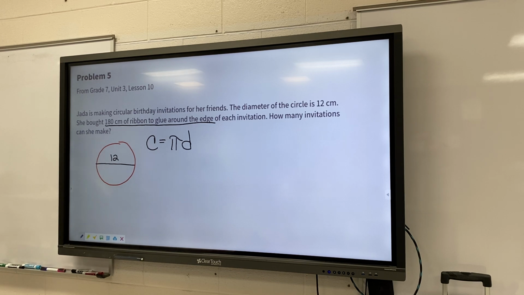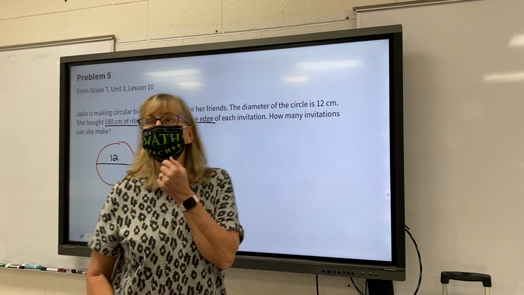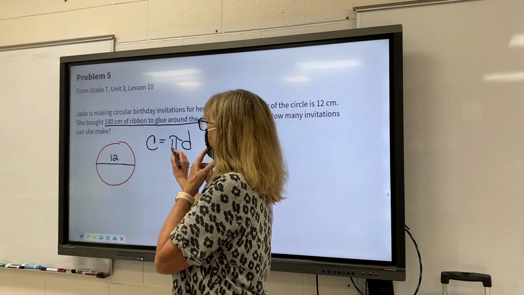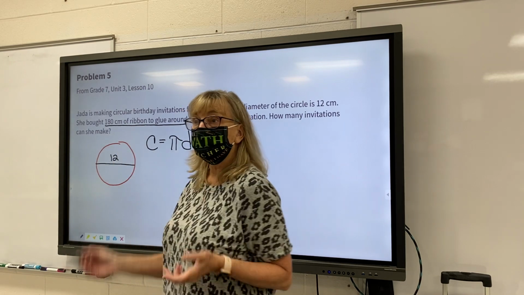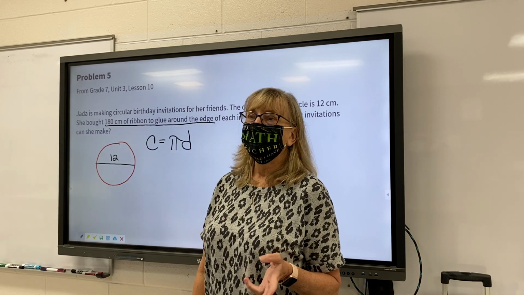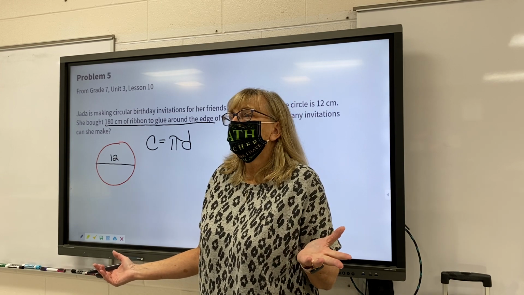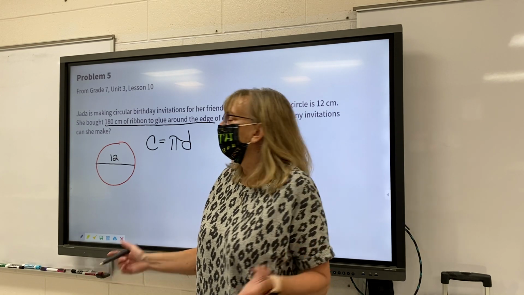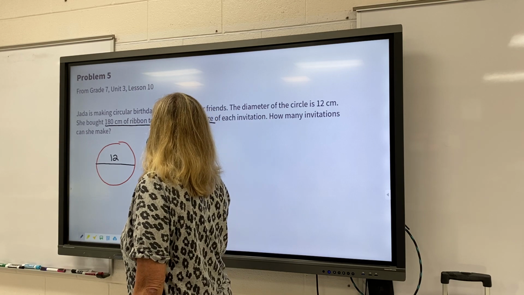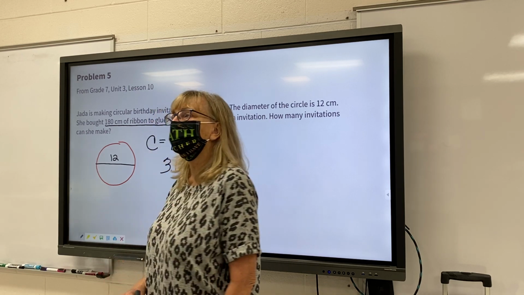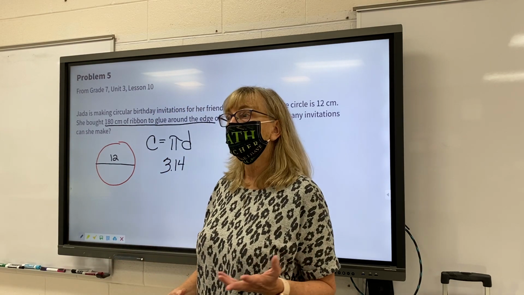So let's find the circumference of one, and then what are we going to do? Divide, right. Okay, so what is the circumference of a circle with diameter 12? Well, we're going to use an approximation of pi. So what do you want to use? 3.14. Okay. So we're going to use 3.14 because that's probably good enough for what we're doing, right?